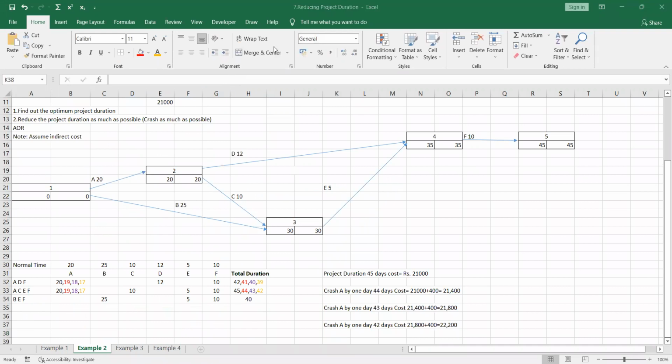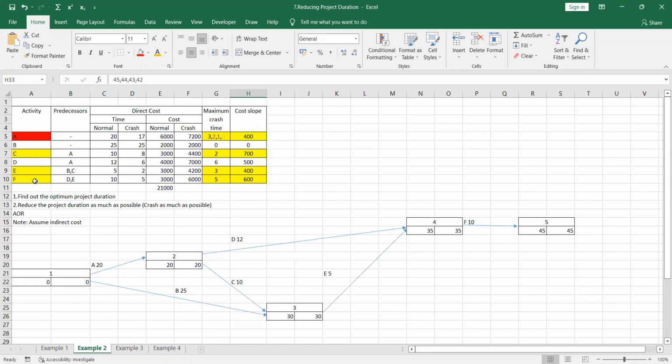Very good. So ACEF is the critical path, and we now know the activity A is almost crashed. We cannot reduce that activity A. That's why I have cut down the activity A.